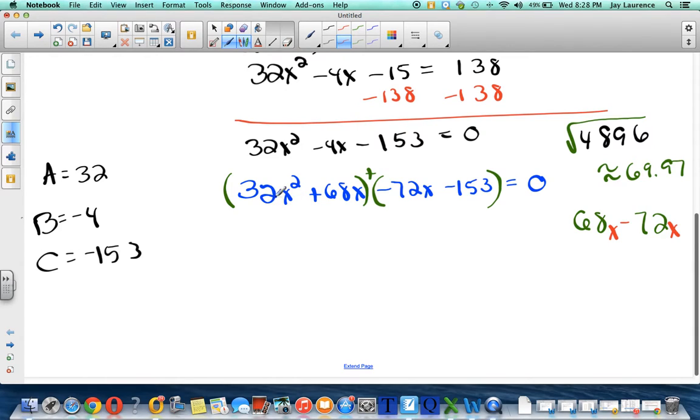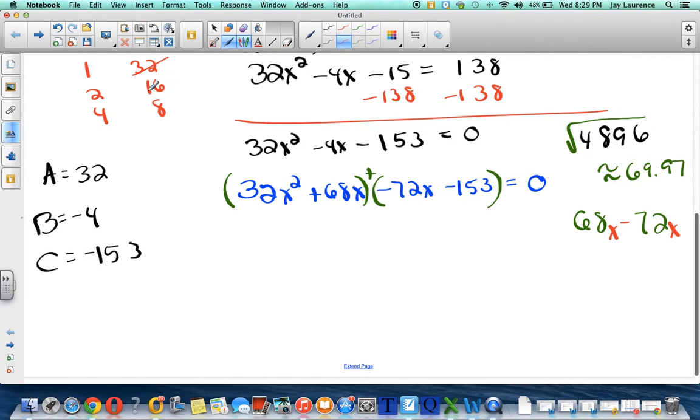Well, let's find the GCF of 32 and 68. Well, let's see, if I list the factors of 32, 2 and 16, 3 doesn't work, 4 and 8, 5, 6, 7 won't work. Okay, I know 32 doesn't go in evenly. 16 though, 16 and 16 is 32.